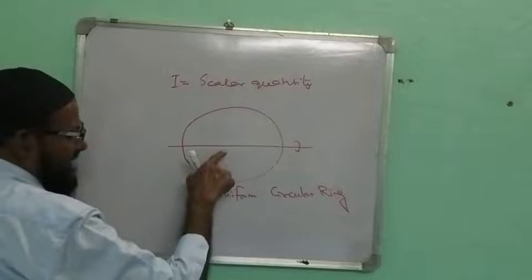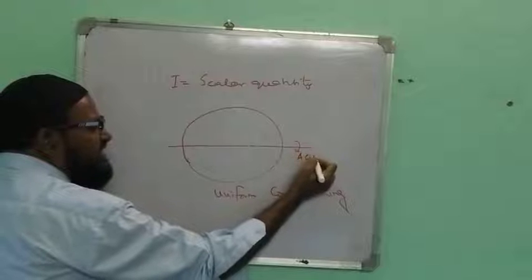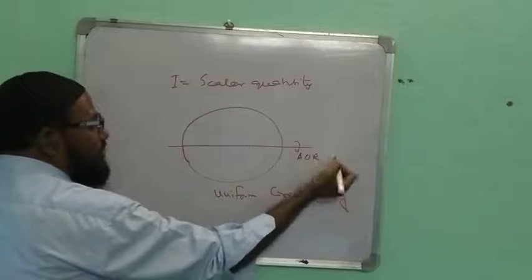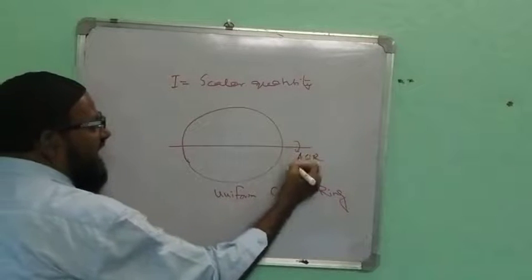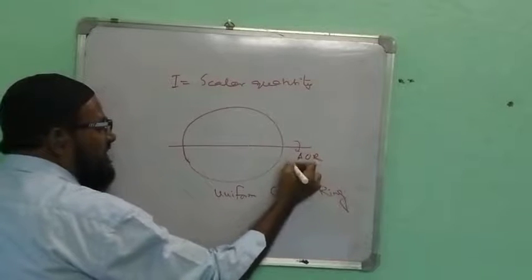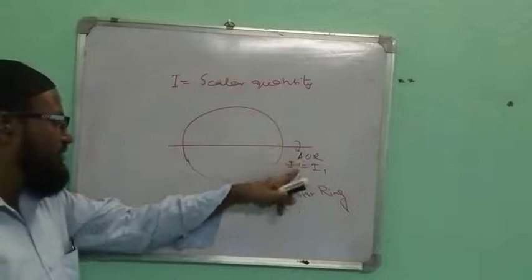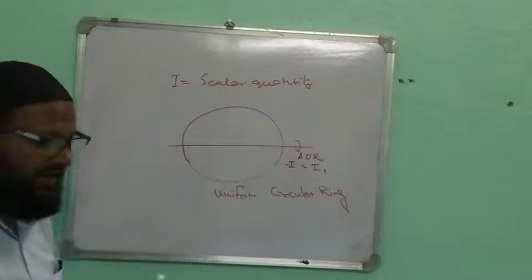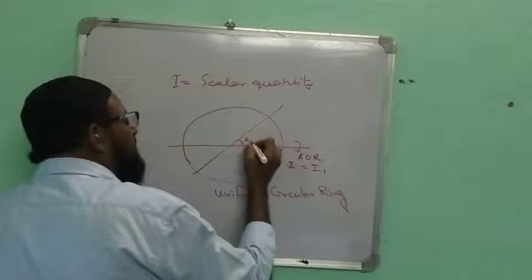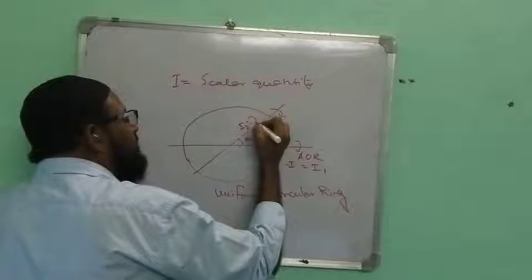Suppose with respect to this axis of rotation, its moment of inertia is I1. Now the question: with respect to this other axis of rotation, what is I2?